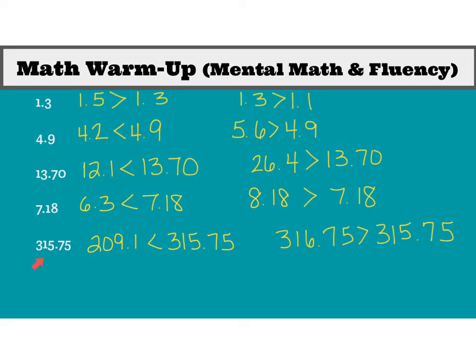And our last decimal, 315 75/100. 209 1/10 is less than 315 75/100. 316 75/100 is greater than 315 75/100.